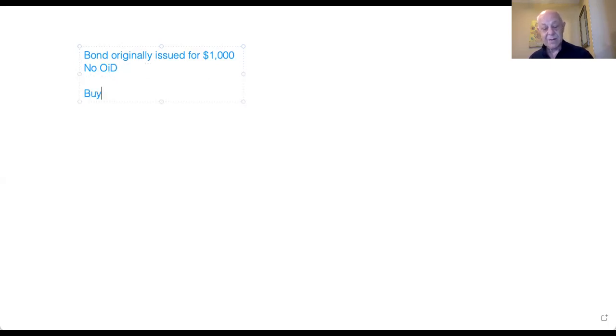I buy the bond for $900. And it has 5 years to maturity. So I've got 5 years to maturity, I've got the bond purchased for $900. It was originally issued for $1,000, and it has a 5% coupon.